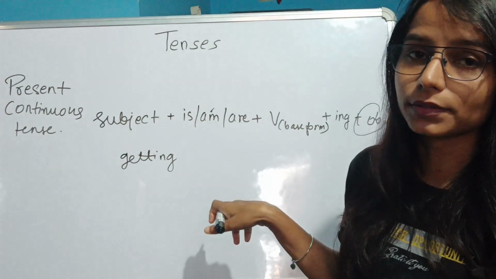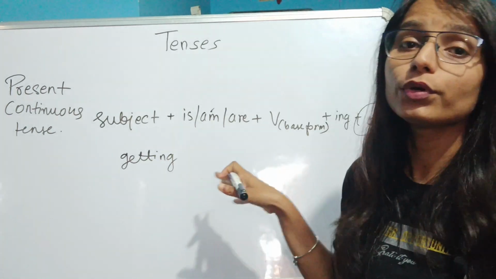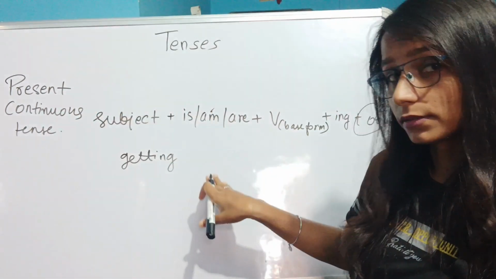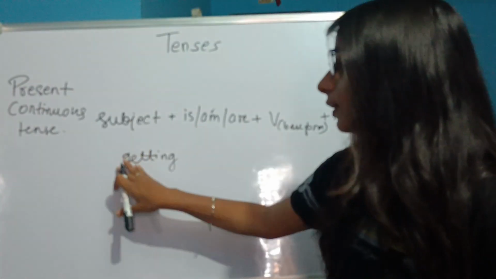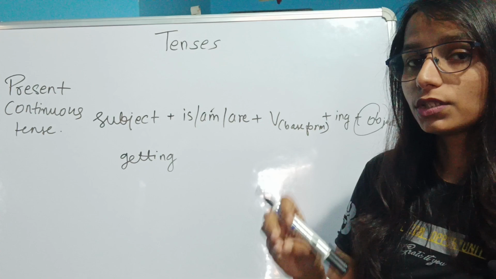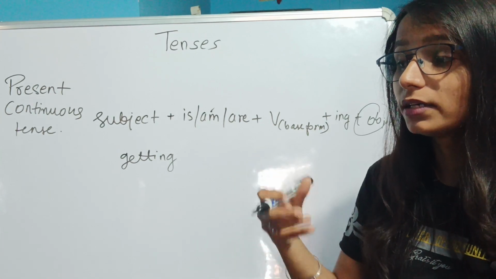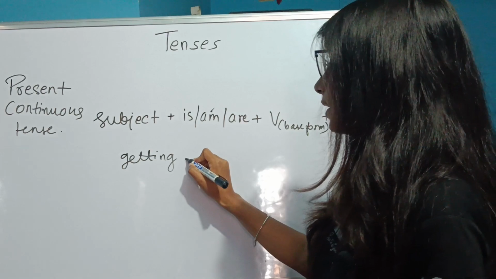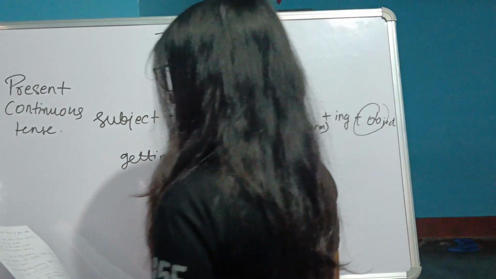I am getting better. You think that before you were not better, and now you're trying to be better, so you will use getting. And this is a transitioning phase, the change, something has started changing, so you use present continuous tense. And the second word would be becoming.